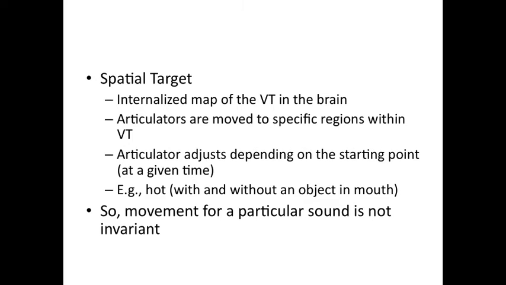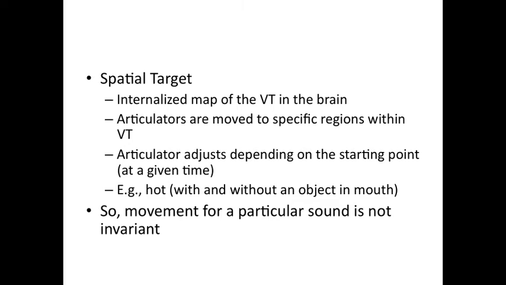So there is an internalized map of the vocal tract in the brain, and our articulators are moved to specific regions within the vocal tract. If I think about a specific speech sound, each articulator is moved to a specific region in my vocal tract to produce that speech sound.